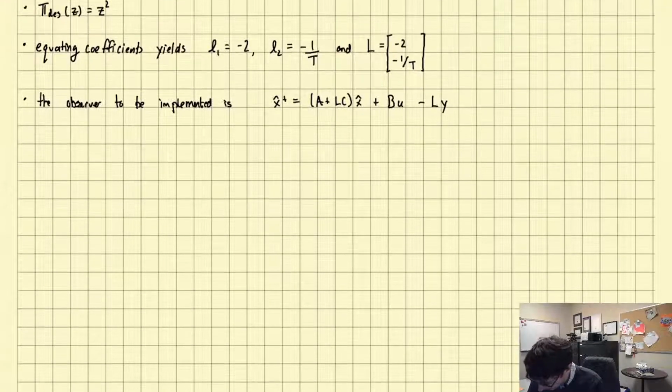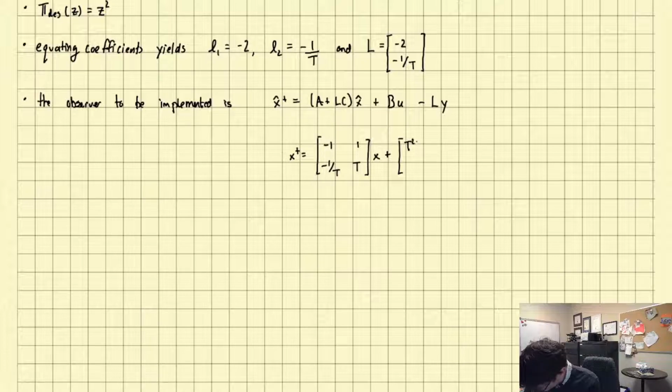And in detail, what it will look like, I'll write it down here. So that first matrix is A plus LC, second matrix is B minus RL.